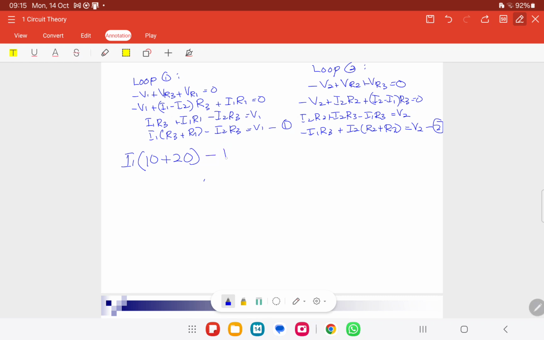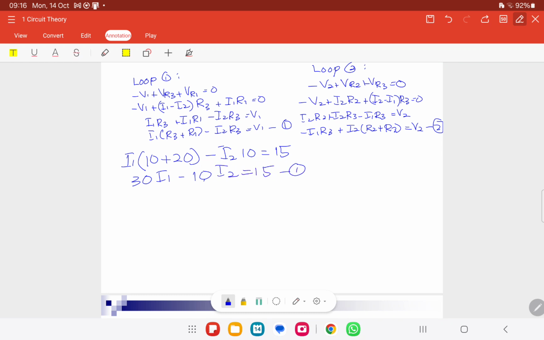Okay, minus yang kita tak tahu, I2 R3, which is 10, equals to V1, 15. Okay, so dia jadi 30 I1 minus 10 I2 equals to 15.